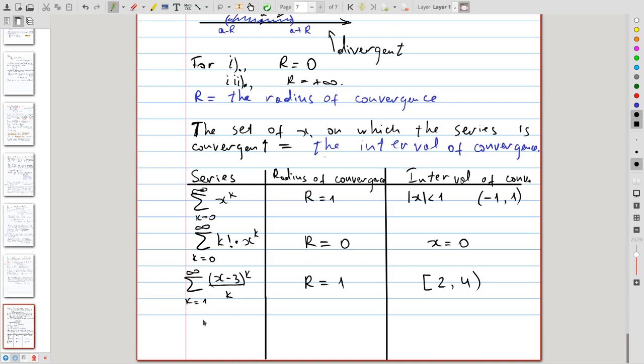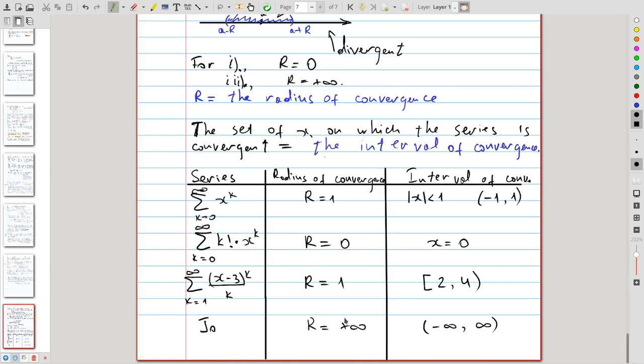And the last example that we discussed was the Bessel function. Let me just write J0. For J0, we found out that it converges for all x's, and therefore its radius of convergence is infinite.